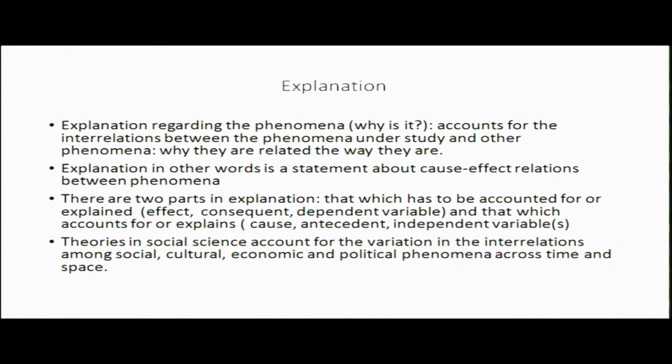Let me repeat it. Explanation regarding why is it accounts for the interrelation between the phenomenon under study and other phenomena, why they are related the way they are. Explanation, in other words, is a statement about cause-effect relations between phenomena.